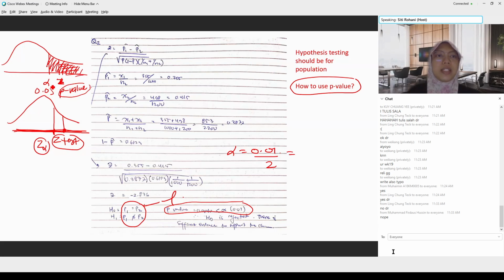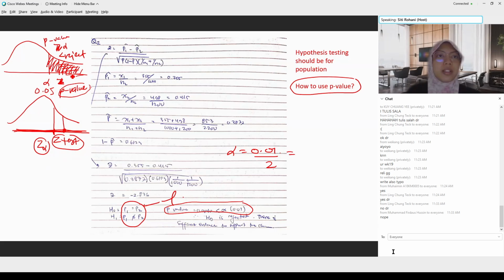So if your p-value is less than your alpha, we reject the hypothesis. While for this one, if your z-test is more than your z-alpha, we reject the hypothesis. So this one, if your p-value is more than your alpha, we reject? But here, it is less.